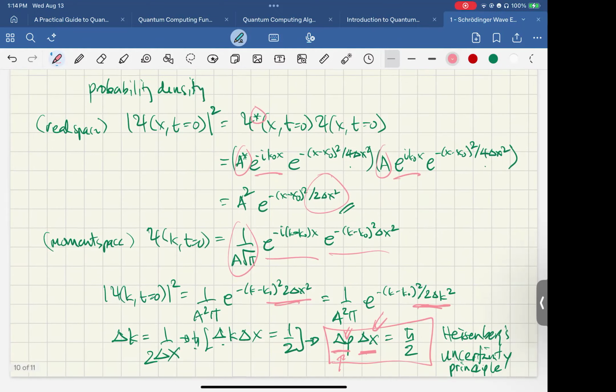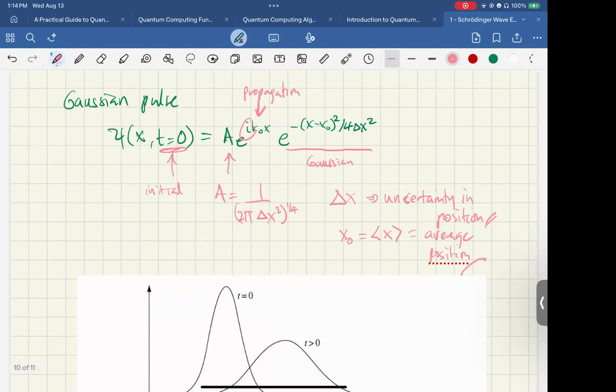Okay, and we were able to derive this from a Gaussian pulse that we propagated through space.